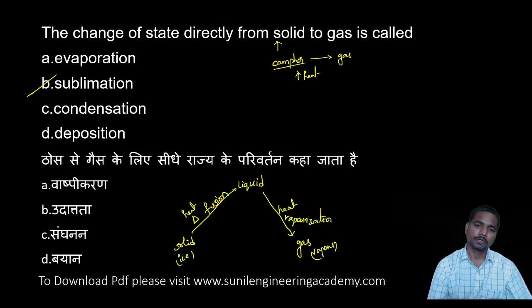That process is called vaporization. Okay, and if you cool the gas, then you will get liquid. That process is called liquidation, or we can also consider it as condensation.